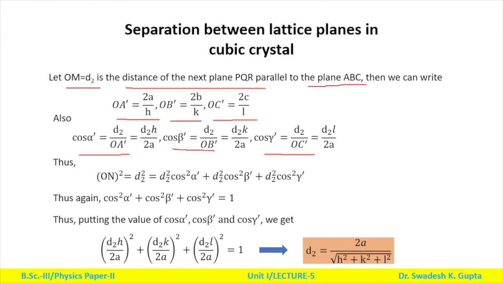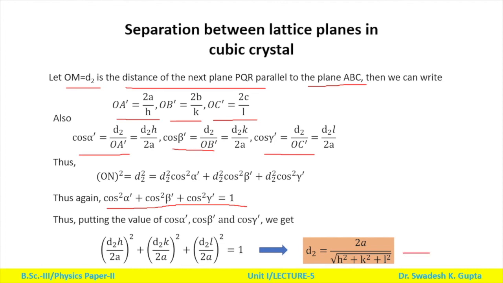From there again we will have this condition, and when we put the values of cos alpha dash, cos beta dash and cos gamma dash here, we will get the value of d2.